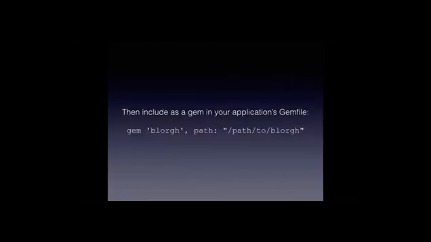Then to use it in my actual application, I edit my Gemfile, which is my list of gem dependencies, and tell it to depend on my engine. Either you give it a path if it's local on your file system, or you could pull it from Git or a local repository. So let's take a look at the code real quick.